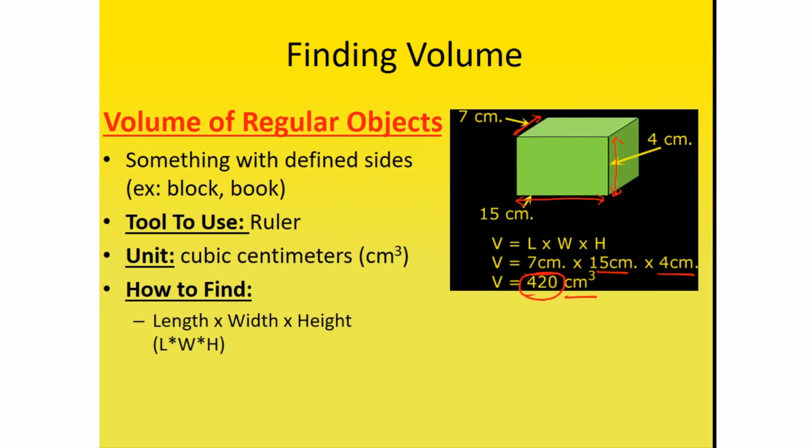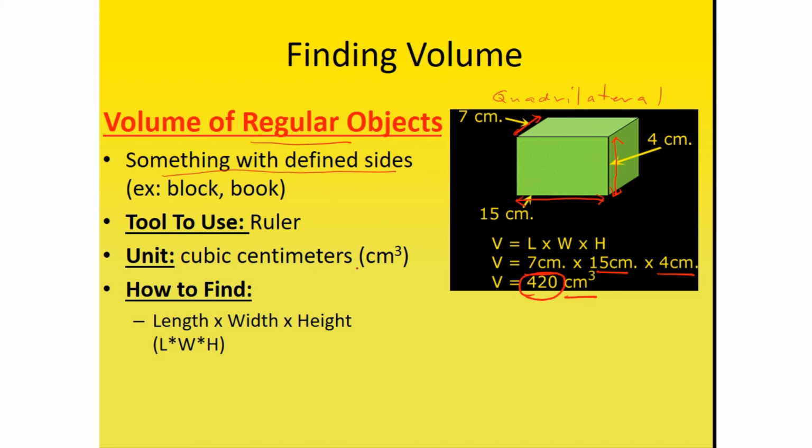Next one, we have finding the volume of regular objects. A regular object is defined as something that has a defined shape, just like this square. You call this a quadrilateral, because it has 4 sides. The tool to measure this is a ruler, so that we can measure the sides.